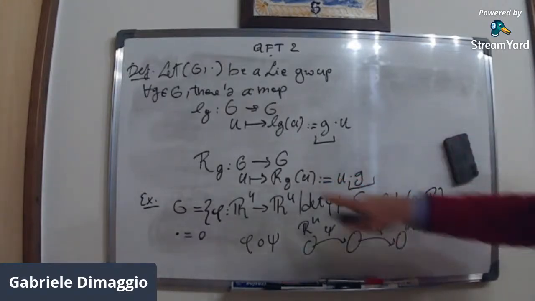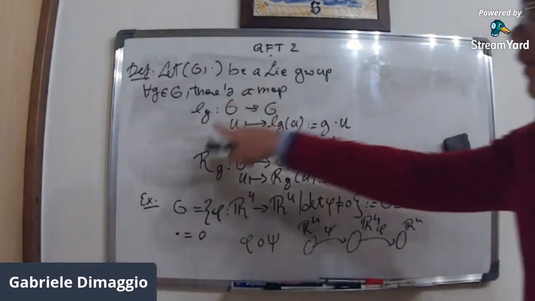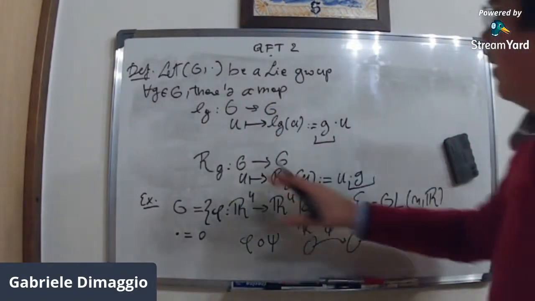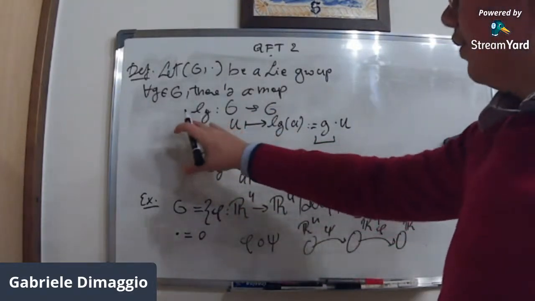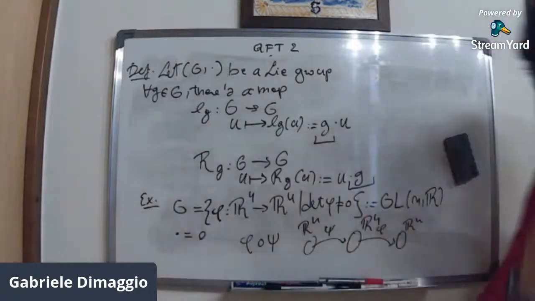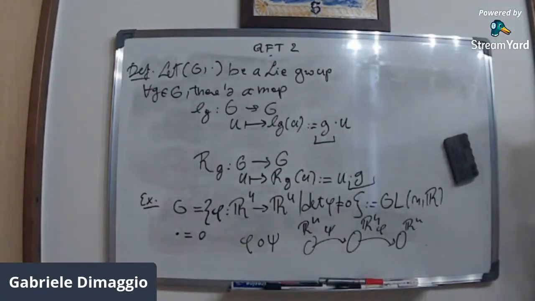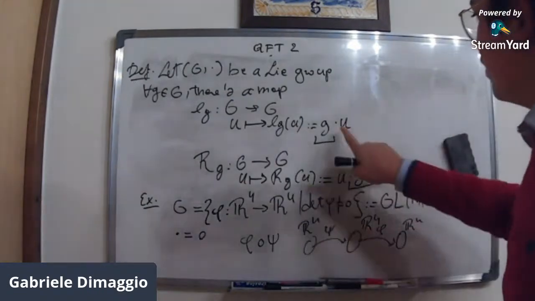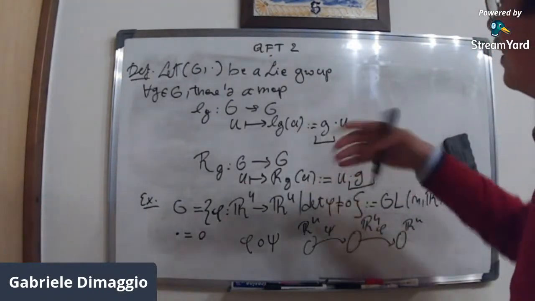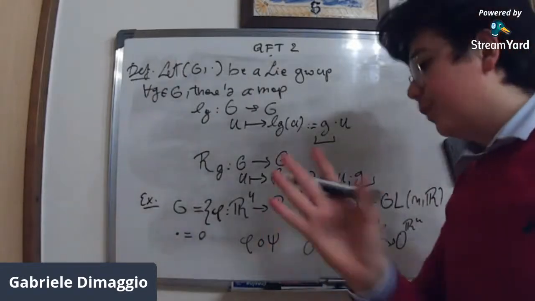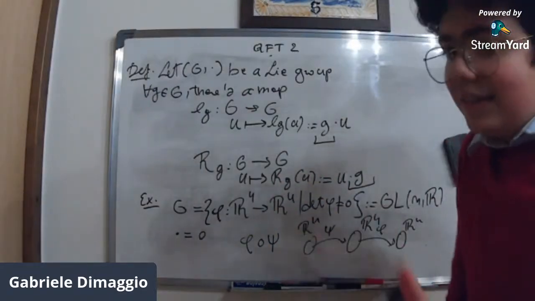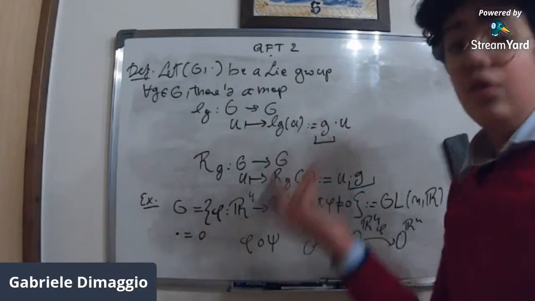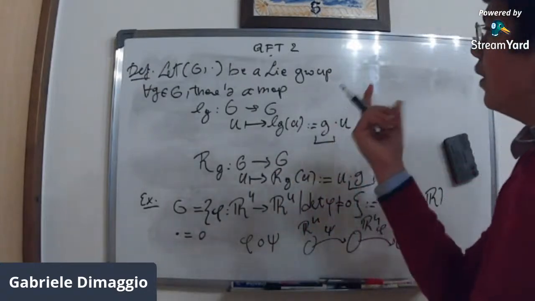We are interested in this transformation, the left transformation. This transformation is called left translation. Why left translation? Because attention, here I have this operation that isn't a multiplication, and isn't a sum. It's a general operation.